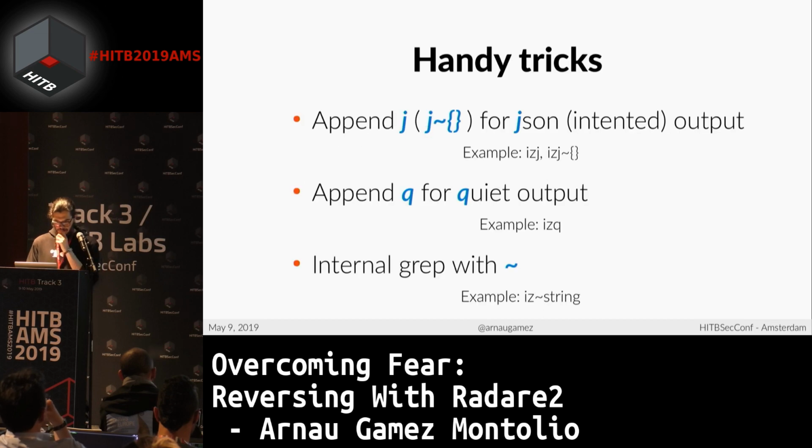Okay. Some handy tricks that I found quite useful when dealing with Radare2 is, for example, usually when we throw a command, if we append a J at the end, or J with curly brackets, it will give us the output in JSON format, either condensed or expanded. I will show you.